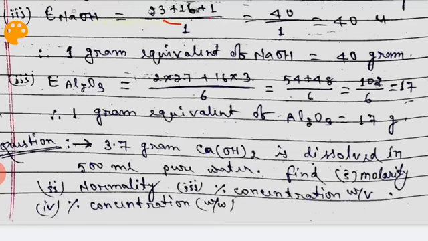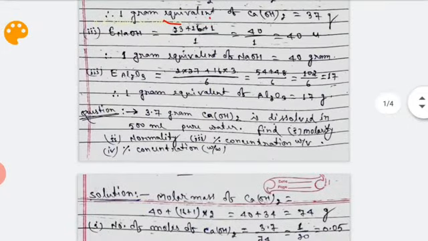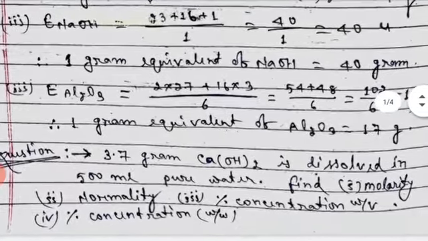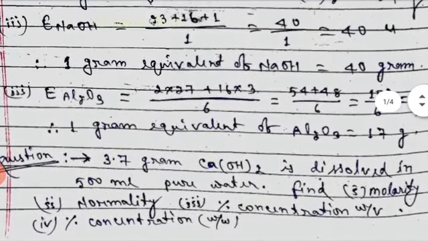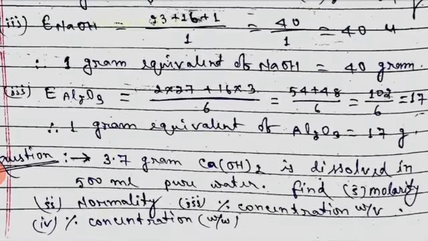Because sodium consists of only one positive charge, and hence total mass will be equal to 40 divided by 1, which is 40 U. Now 1 gram equivalent of sodium hydroxide will be what? 40 gram. Equivalent weight is 40 U, and 1 gram equivalent weight is 40 gram.